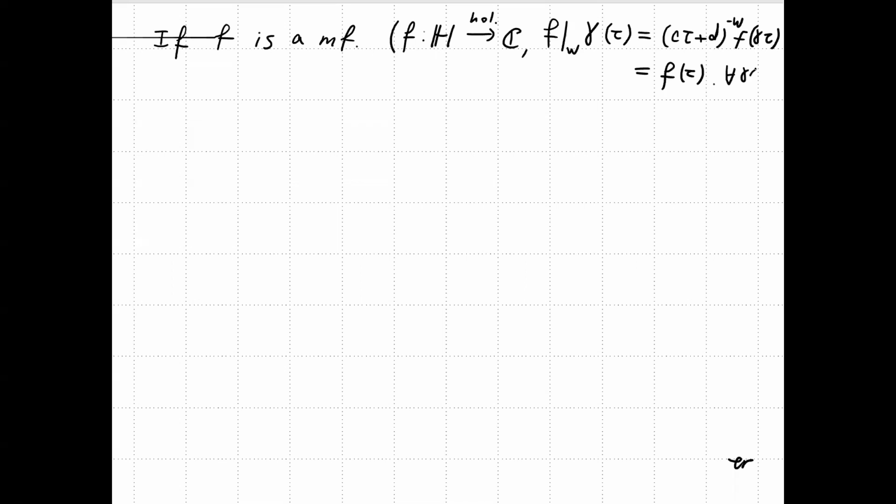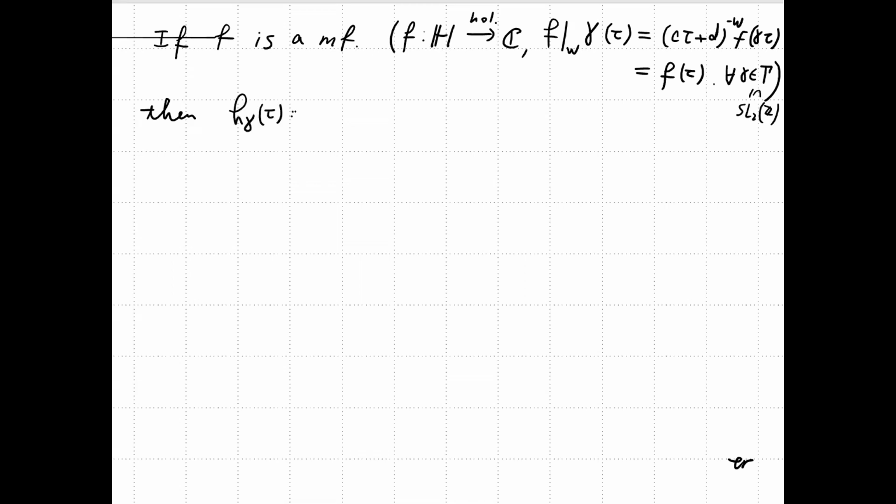Of course you need to have this invariance for all the elements of a group gamma, which we will take to be a subgroup of the usual modular group SL(2,Z).